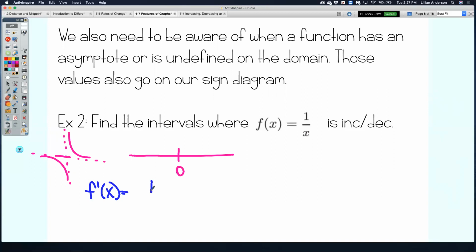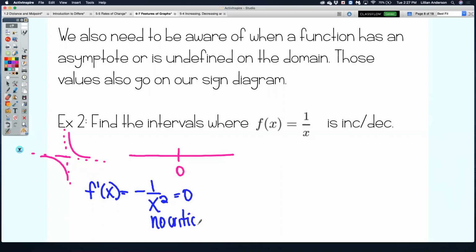It'd be negative 1 over x to the second power, the square. When I set that equal to 0, what happens? Oh, you lose the x. Lose the x. So in this case, there are no critical points.